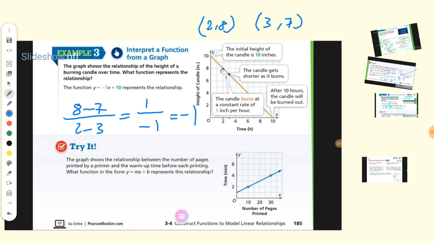So the slope is negative 1, yes, as he wrote here. What about the intercepted part? From the graph directly, it's 10. From the graph, I cut the y-axis at 10. So the equation should be y equals negative 1x plus 10. What about this one? The right one?